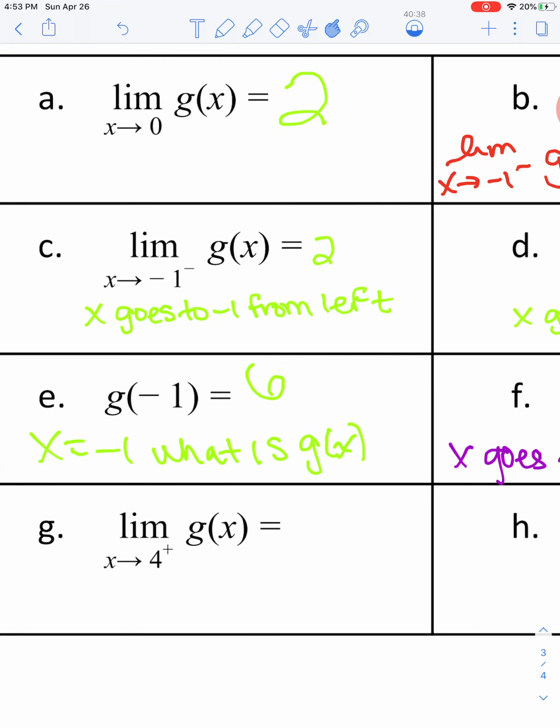We'll look at part G, noticing that there is a certain notation as well, reminding us that we're looking for the behavior of g of x as x goes to 4 from the right.